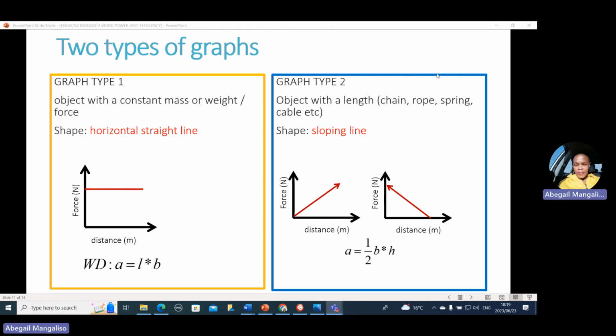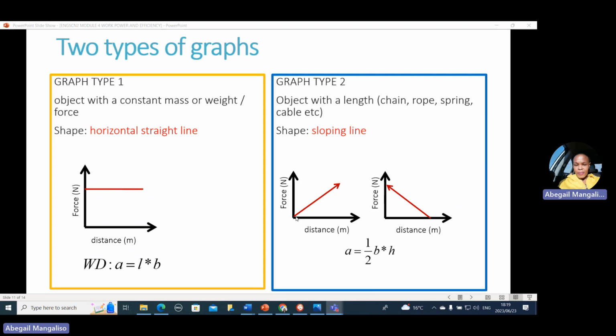Another shape that you can have is for an object with a length. We can have a chain, a rope, a spring, or a cable. The shape would be a sloping line, because if you are pulling a rope, you're winding it up, and the rope will get shorter. But if you are lowering a cable, it will get longer as you lower it.